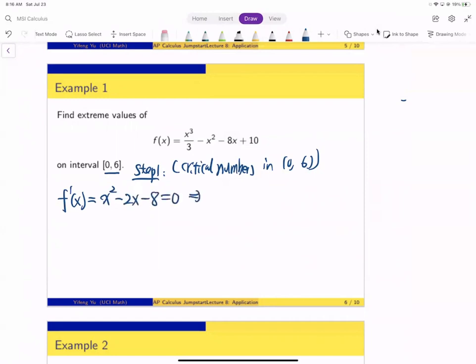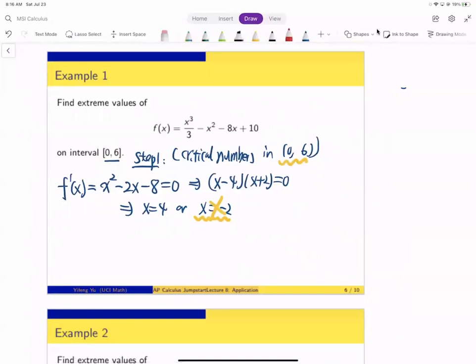We can factorize this: (x minus 4)(x plus 2) equals 0. Then we get x equals 4 or x equals negative 2. However, negative 2 is not in the interval [0, 6], so we ignore it. The only valid one is x equals 4.